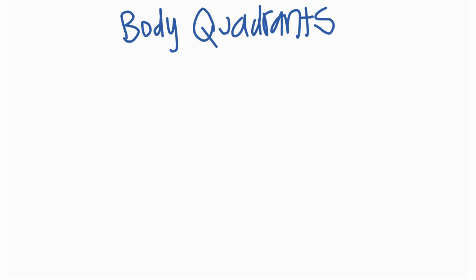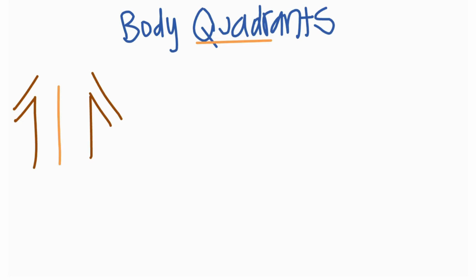Let's look at how the abdomen can be split up, and this is known as body quadrants. Now let me draw a person. Okay, so as the name implies, quadrants are 4 parts of the abdomen and how it's split up, and they're labeled relatively straightforward.